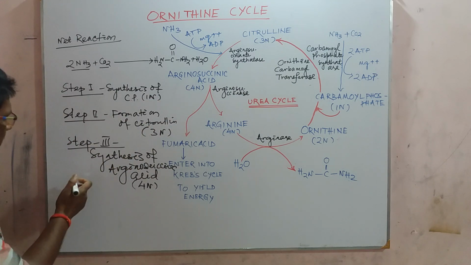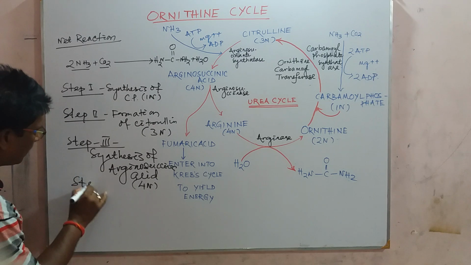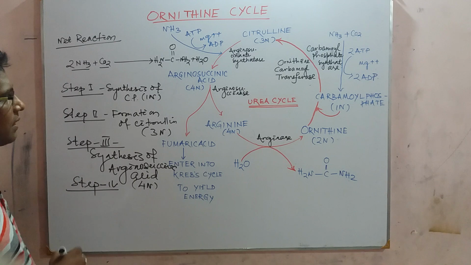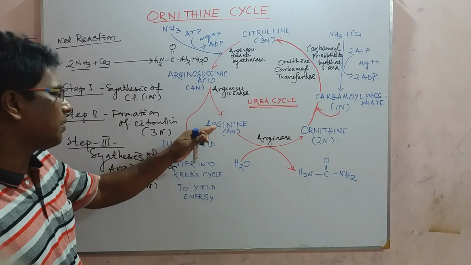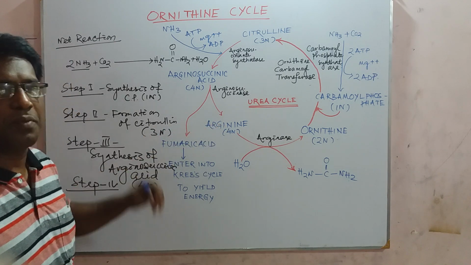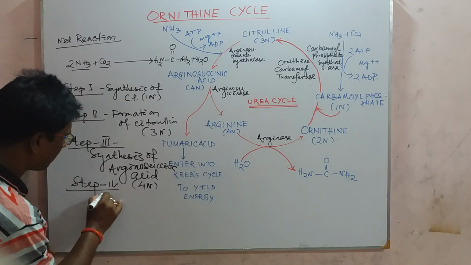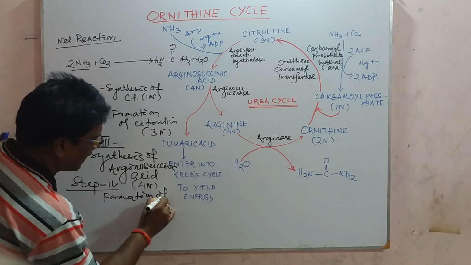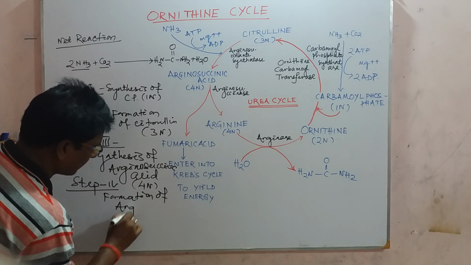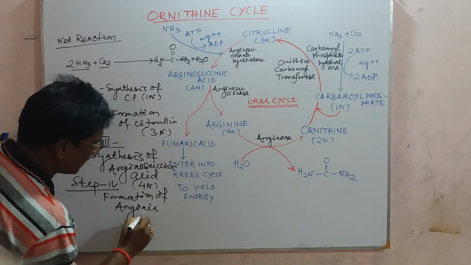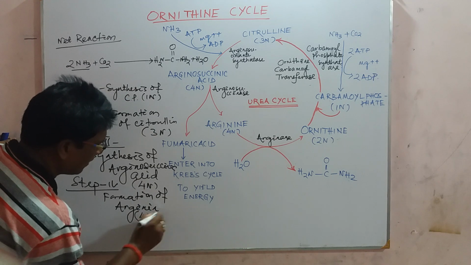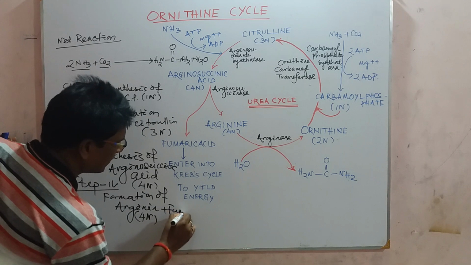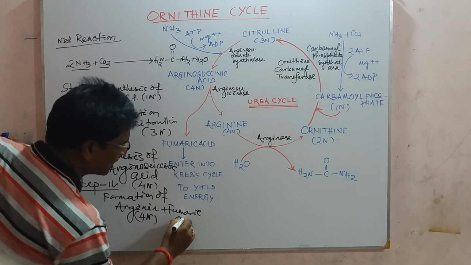Then step 4. Step 4 is formation of arginine and fumaric acid. This arginine is 4N, plus another carbon compound, that is fumaric acid.